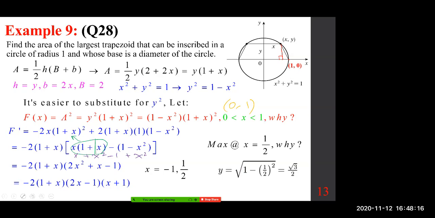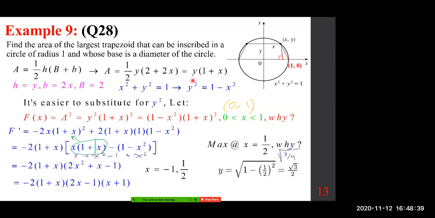This is the same as saying 3/4 under the radical. Okay. So what about the y? What about the area? Okay, area is y times 1 plus x.